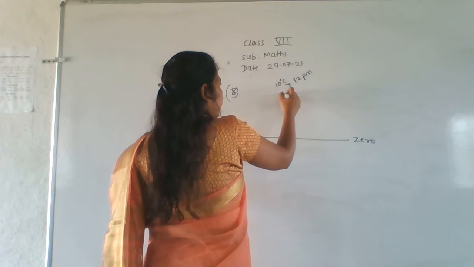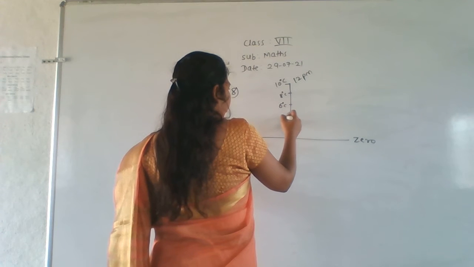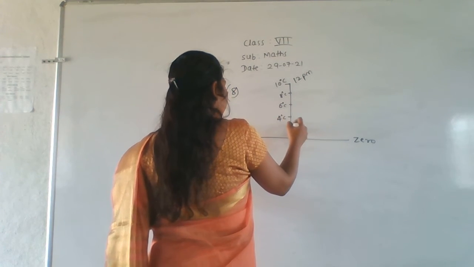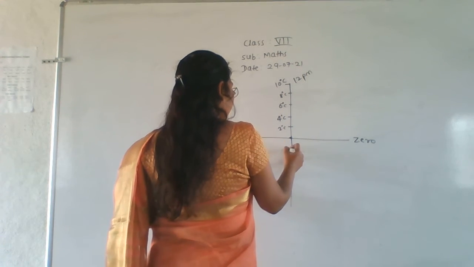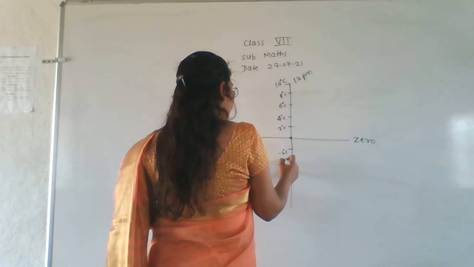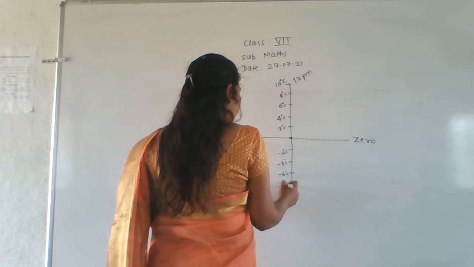Now it is 8 degrees Celsius and 6 degrees Celsius. After that, 4 degrees Celsius. Next 2 degrees Celsius. This will be the 0, and again this will be the minus 2 degrees Celsius, minus 4 degrees Celsius, minus 6 degrees Celsius, minus 8 degrees Celsius, and minus 10 degrees Celsius.